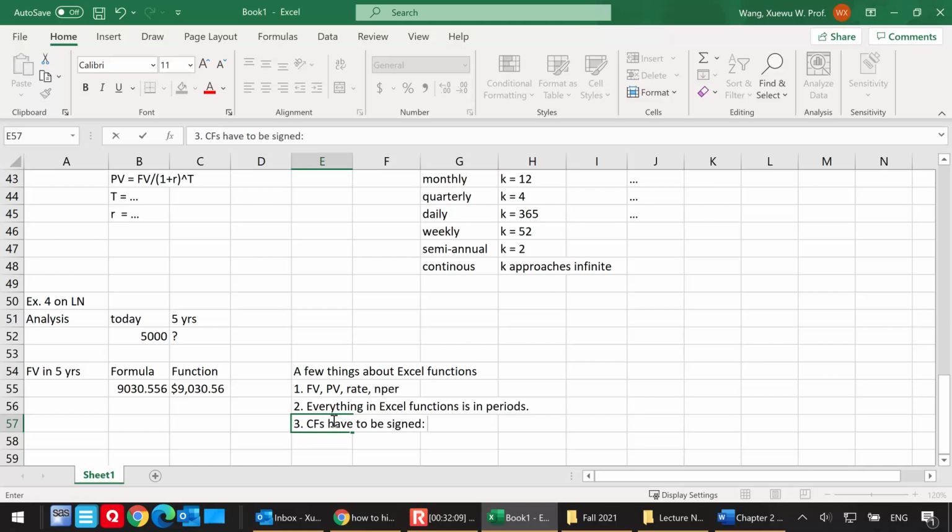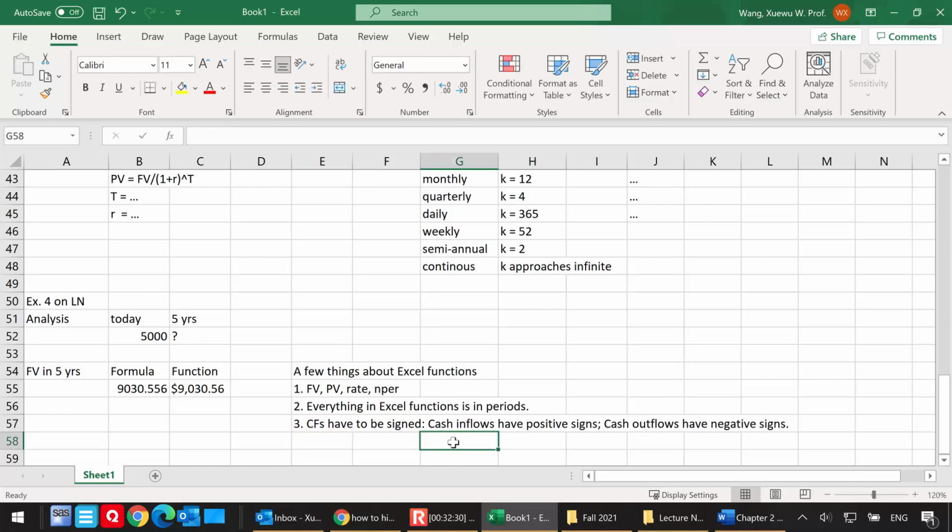So how do we sign the cash flows in Excel functions? Cash inflows have positive signs. Cash outflows have negative signs. Let me explain what is a cash inflow and what is a cash outflow.